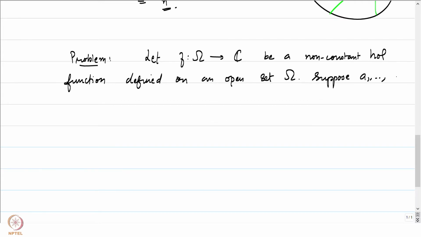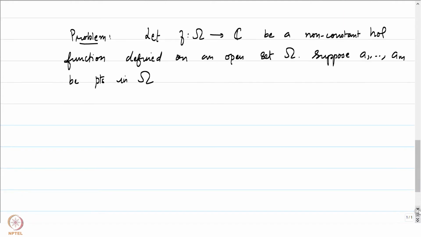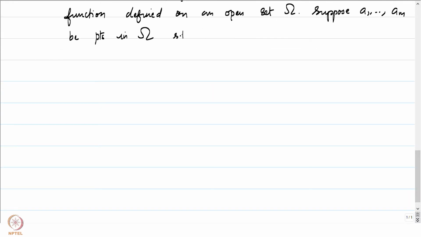And suppose a1 to am be points in omega. There are finitely many points in omega such that f of ai is equal to alpha for some fixed alpha in the complex plane. So basically a1, a2 up to am are pre-images of alpha under f.